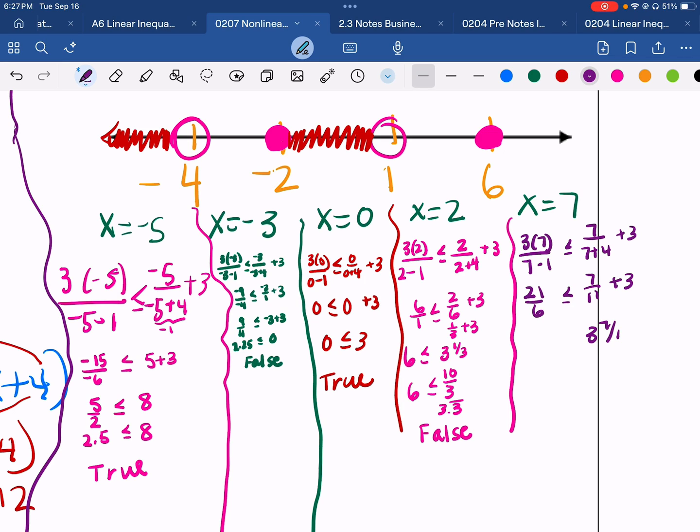That's 3 and 7/11. 21/6, divide by 3, that's 7/2, and that's the same thing as 3.5. Oh, my calculator. This is more than 3.5. So is that less than? That is true.